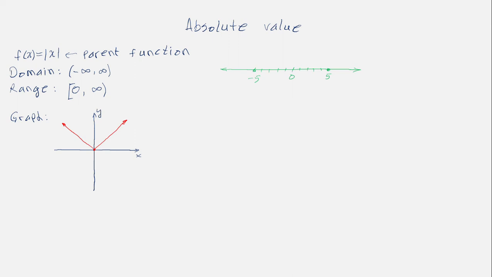What would be the distance from negative 5 to 0? How many units? Well, it is 5 units, right? But the distance from 0 to positive 5 is also 5 units.